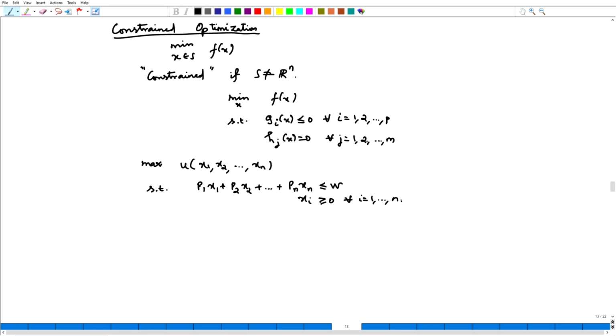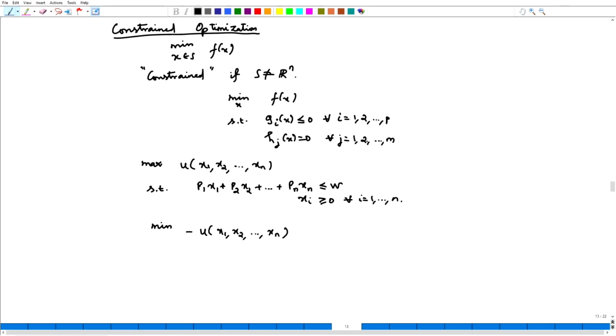You can see that this is of a slightly different form, not exactly the form that I have written above, but I can modify it as follows. I will write it as minimize minus u of x1, x2, ..., xn. Minimizing minus u is equivalent to maximizing u.